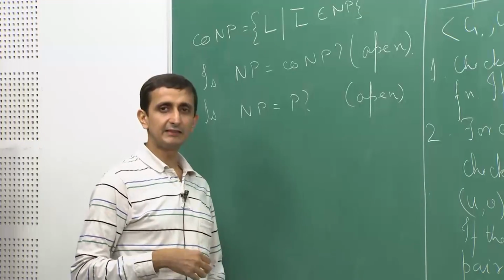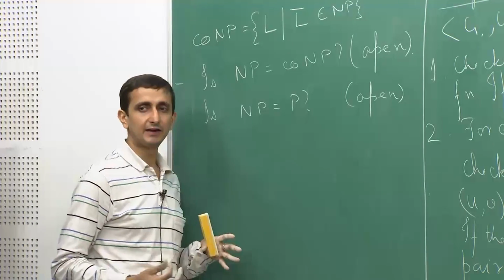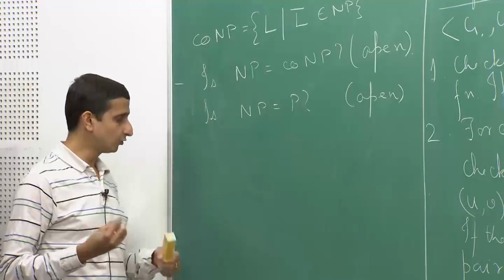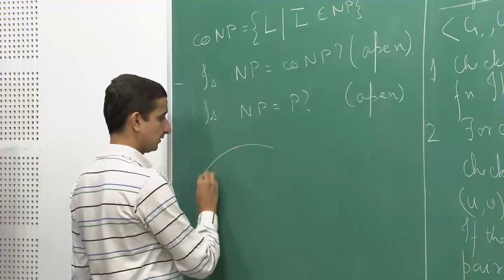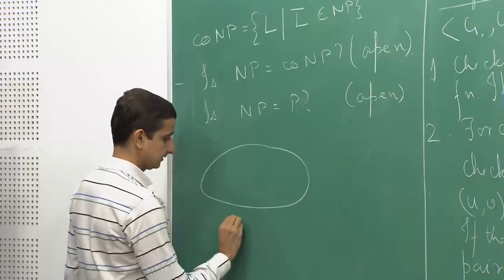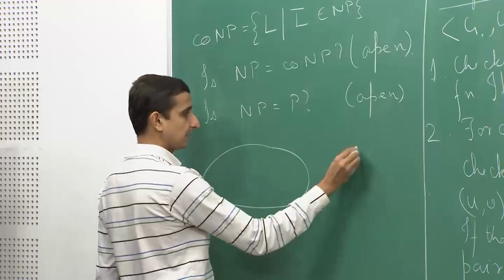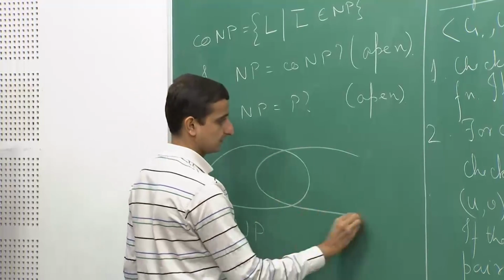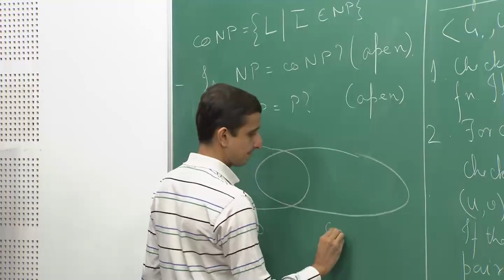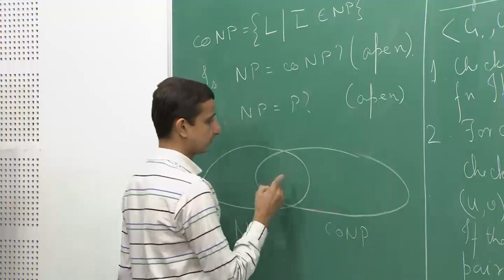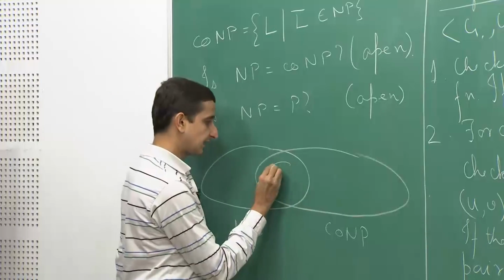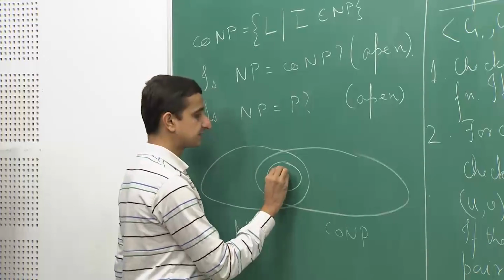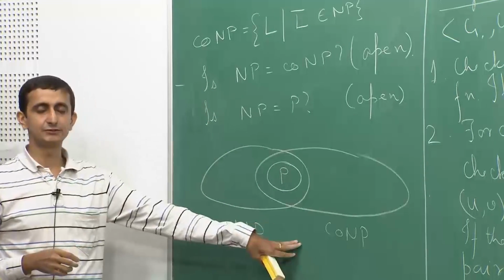So, the relation between these three classes P, NP and co-NP that is known to us as of now is something like this. So, we have the class NP and we have the class co-NP. Of course, they can have some common problems in between, and we have the class P which sits in the intersection of these two classes.